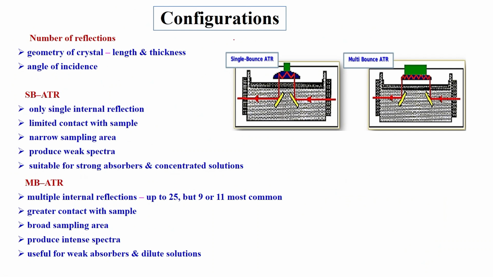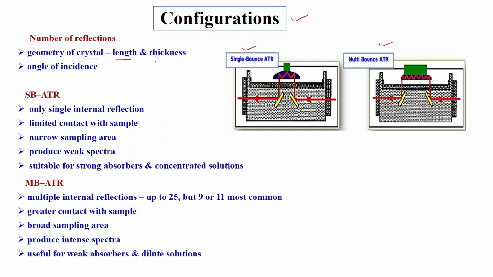Now there are different configurations of ATR also available. There is single bounce and multiple bounce. Single bounce means only a single internal reflection, and multiple bounce means multiple internal reflections. How these are produced depends on the geometry of the crystal, of course the type of crystal we are using, and also the length.